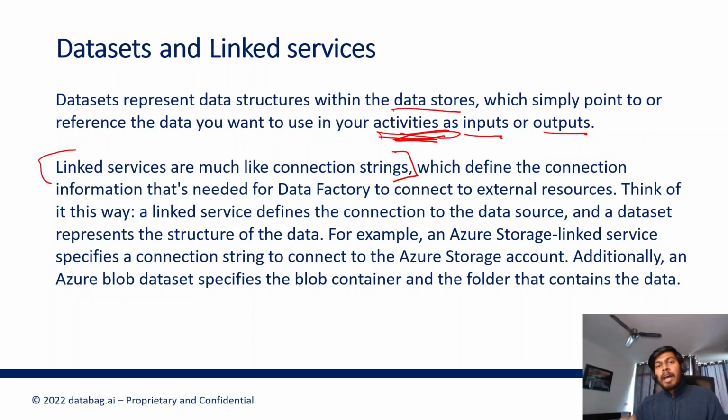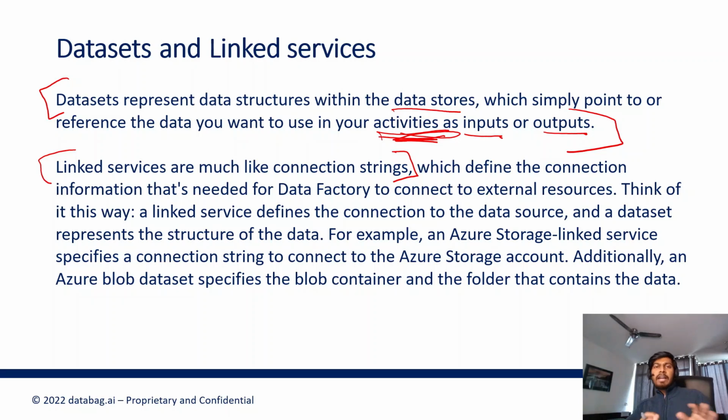And now to connect to a customer table, you need to create a dataset. That is what we discussed earlier on what a dataset is. There is just a very slight line between these two. Linked services mainly handle the connection string level. A dataset is the actual data structure where you are pointing to.